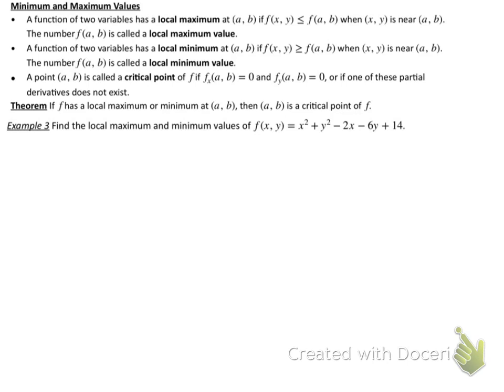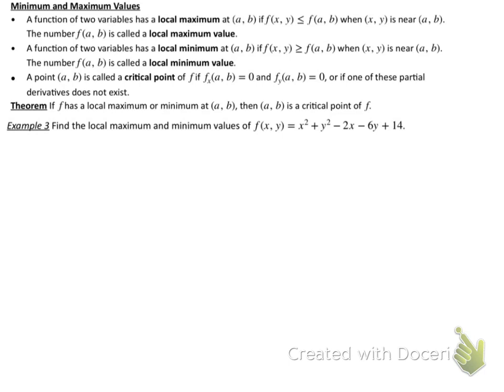Similarly, if this is the lowest point in its neighborhood, then the function has a local minimum at the point, and the value is a local minimum value. So we say a function has a local minimum or maximum at the input, but the local maximum or minimum value is the output.